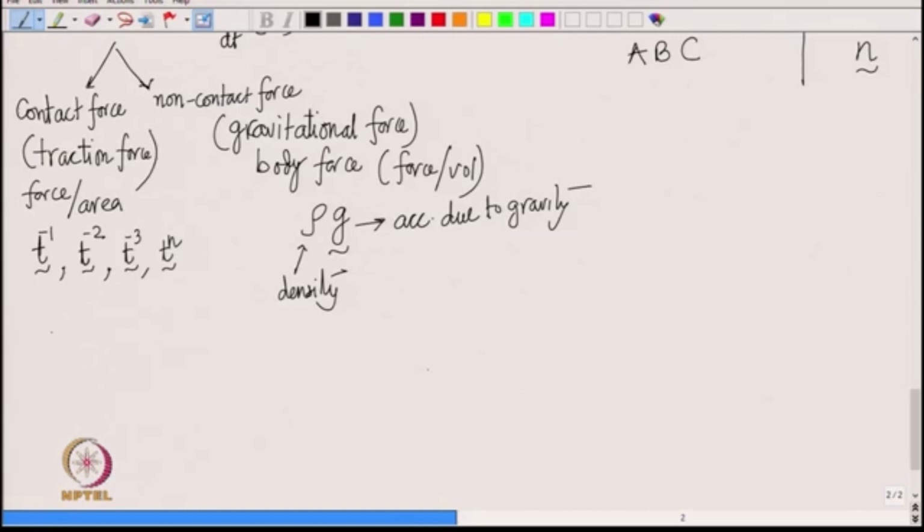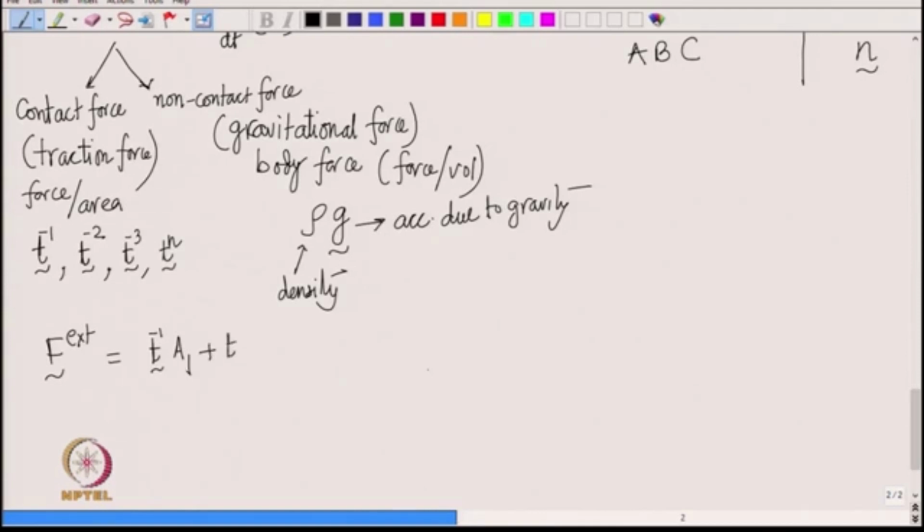So, the total force, I am going to write now, F external is T minus 1 into A1, where A1 is the area of the face OBC.